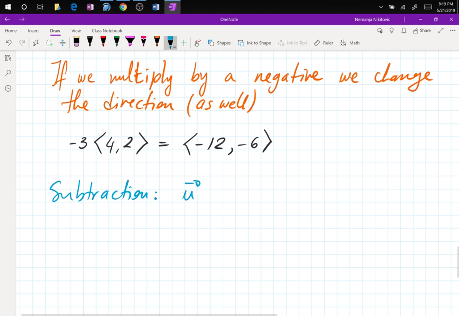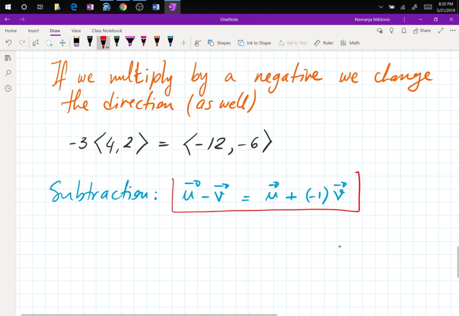So vector u minus vector v is vector u plus -1 scalar times vector v. That is your subtraction. So there is no subtraction for vectors. It's actually just scalar multiplication with a negative and then vector addition. Good.